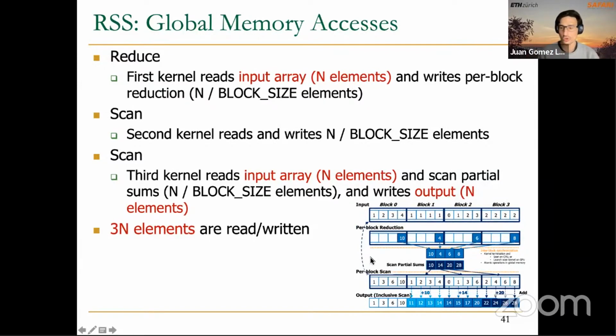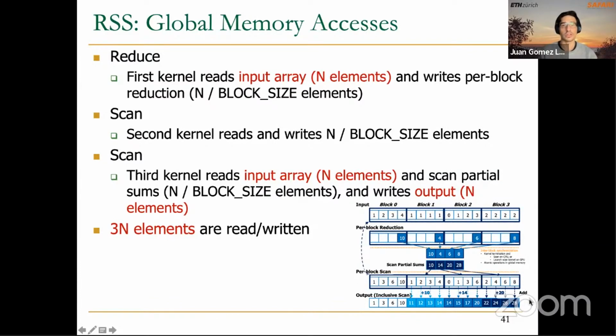In GPUs, because we know that access to global memory is the costliest operation, the one with the longest latency that we can execute on the GPU, we should expect this RSS to outperform the SSA implementation. But as I said, this will depend on the size of the arrays. Why is that? Because if you think about the SSA, scan-add, in the last kernel, we only need to add.